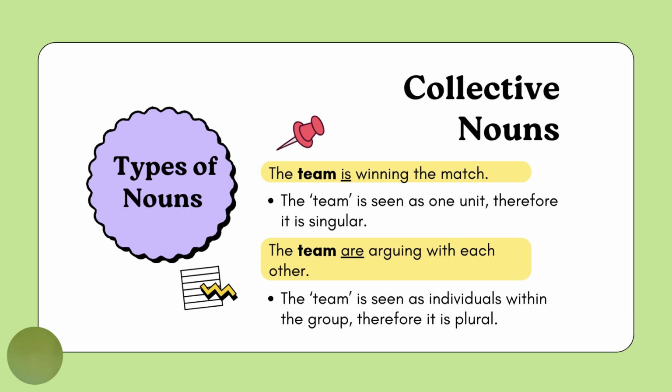In this recording, I do hope you can understand 3 things. First is about types of nouns, especially countable and uncountable nouns. And then singular and plural, and also irregular plural nouns.